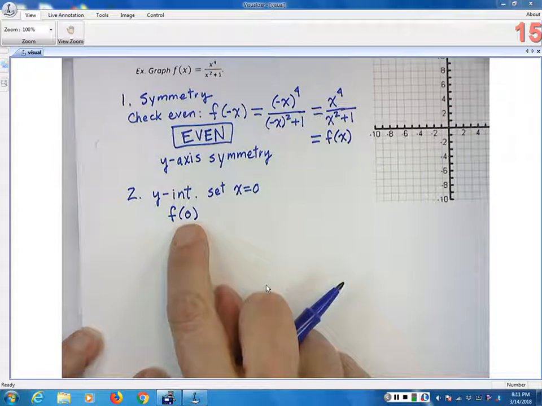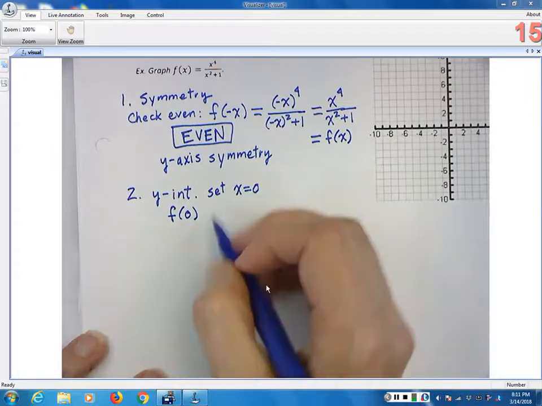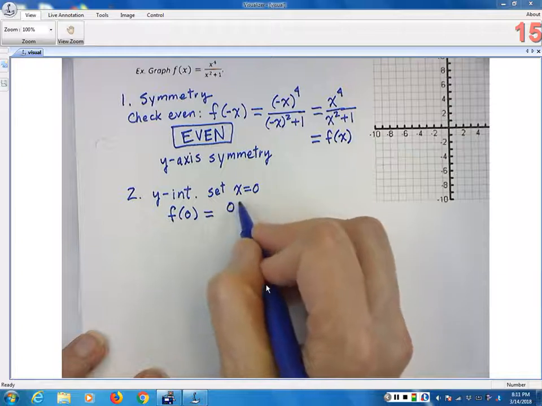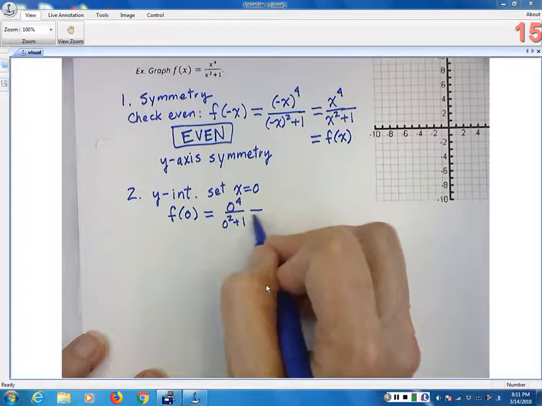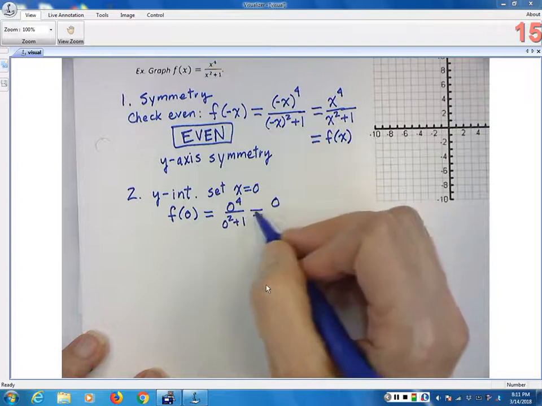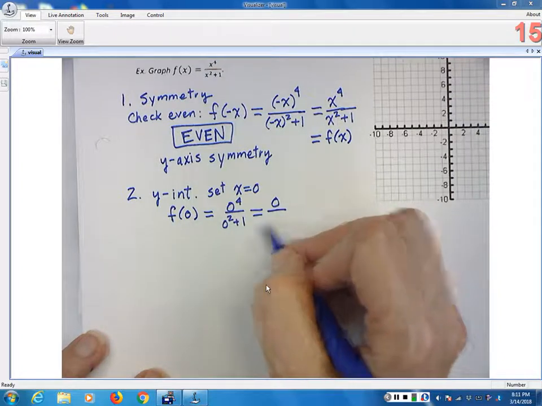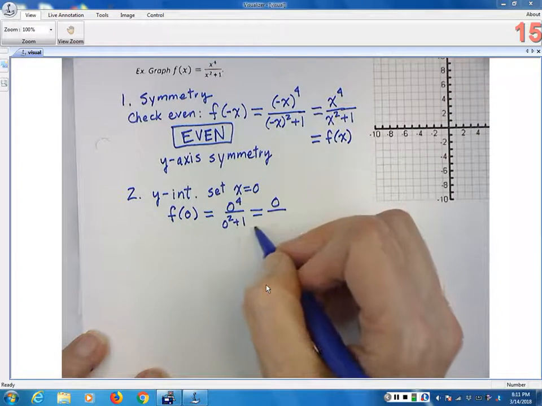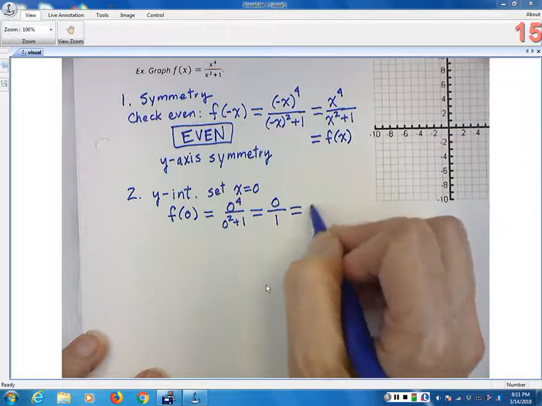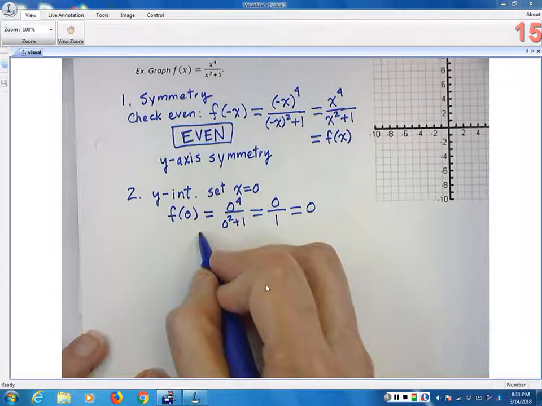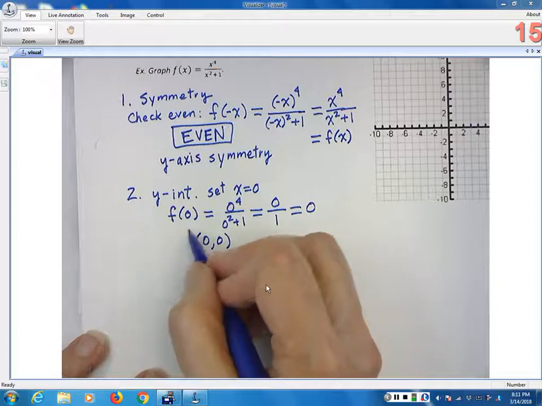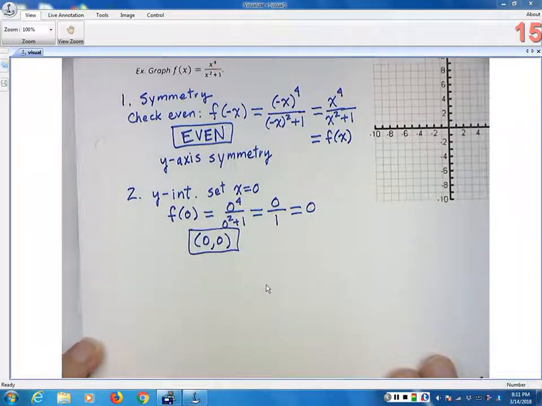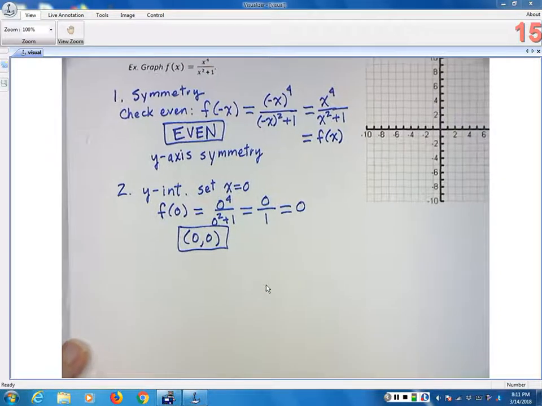You're finding f of 0. So that's 0 to the 4th divided by 0 squared plus 1. 0 times 0 times 0 times 0 is 0, and 0 plus 1 is 1. So that just gives us 0. So the y-intercept is 0, 0. I want you to write it as an ordered pair. And that's not that helpful.